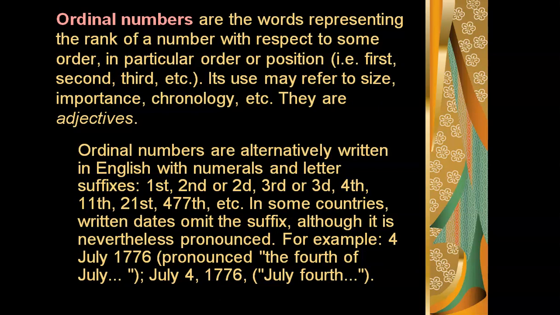Ordinal numbers are alternatively written in English with numerals and letter suffixes: first, second, third, fourth, 11th, 21st, 477th. In some countries written dates omit the suffix. Nevertheless it is pronounced, for example, the 4th of July, July 4th, 1776.